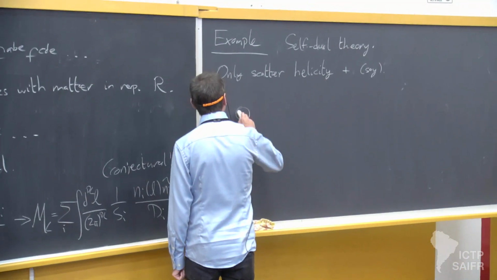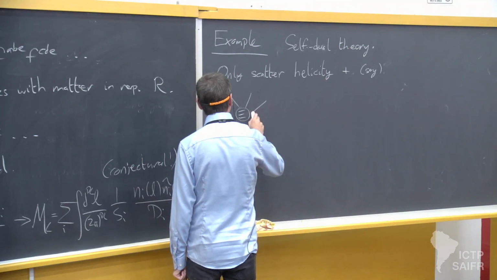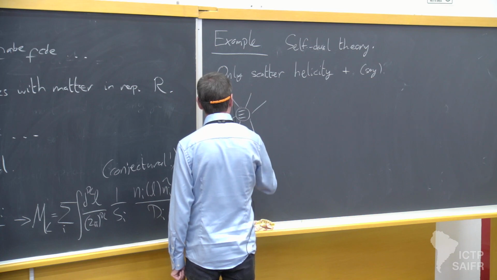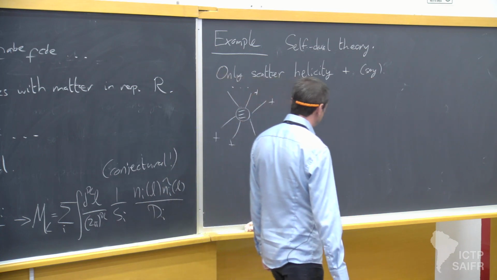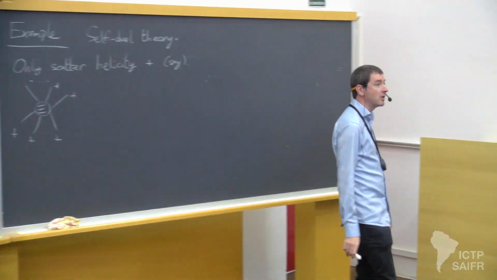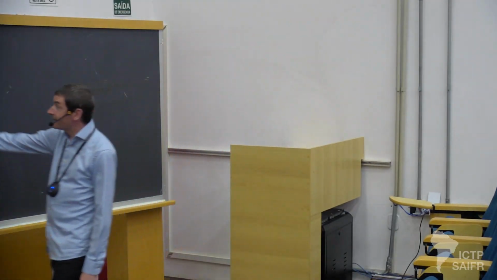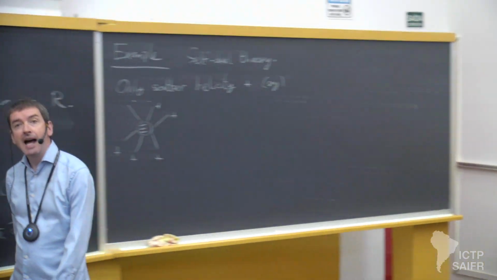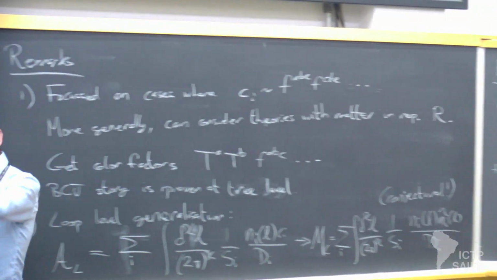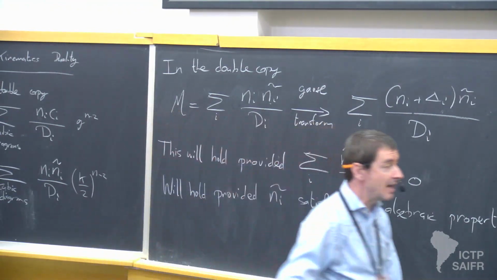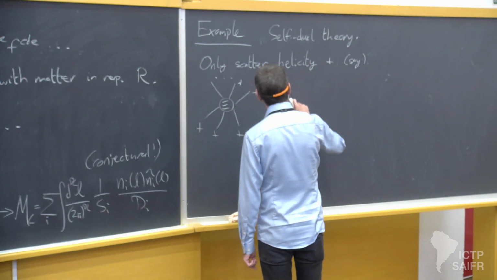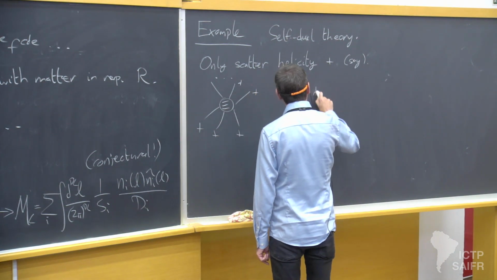So the diagrams will then look like this, I'll have some particles with lots of pluses. That's the class of diagrams I'm going to think about. Now, it happens that the amplitudes in a theory where you just have plus helicities are very simple. In fact, mostly they're 0, but not all amplitudes are 0.